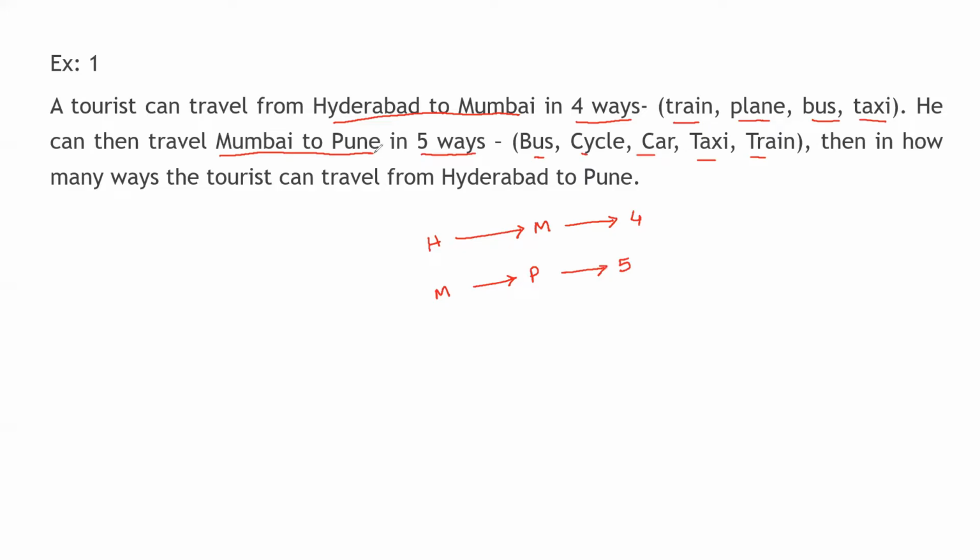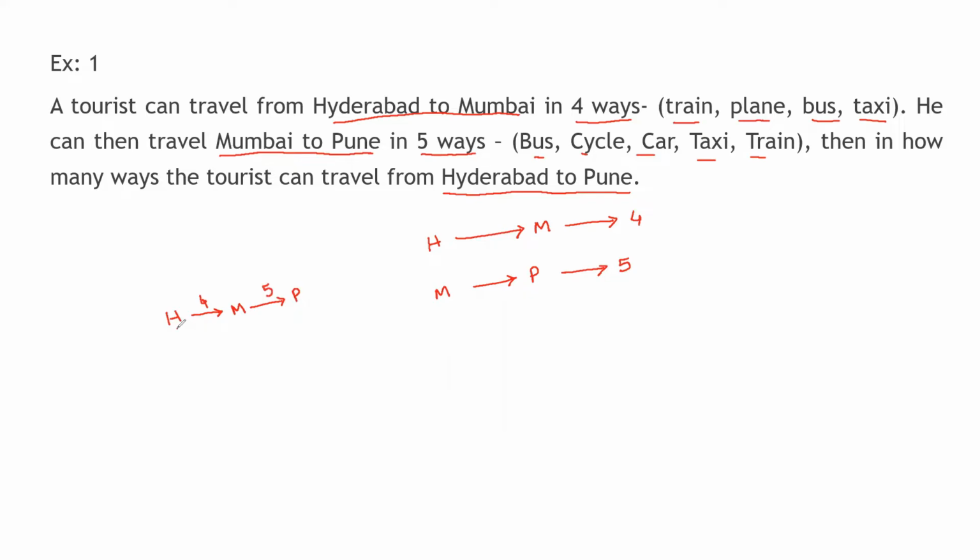Then in how many ways can the tourist travel from Hyderabad to Pune? Here there is Hyderabad. We have to go to Mumbai. I can go in 4 ways, whereas from Mumbai to Pune, I can go in 5 different ways.